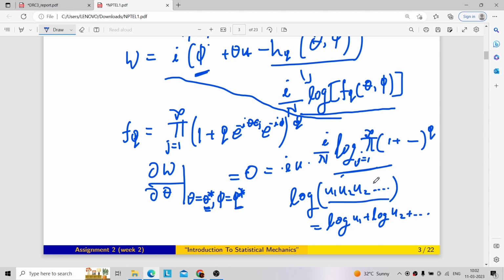This term you can write as product of ui from i equal to 1 to infinity. So logarithm of a product of some variables you can write as a log summation. So I can write this as the sum of log of ui, where i goes from 1 to infinity, something like this. So I will use that, just remember.